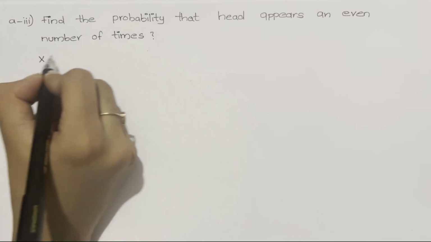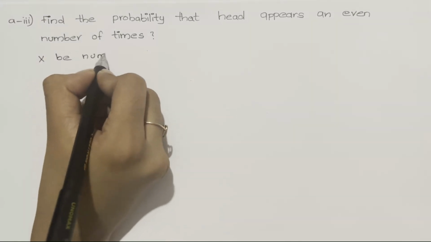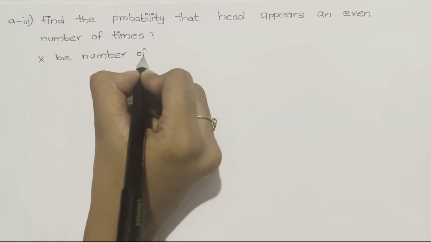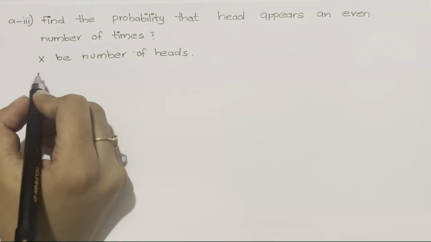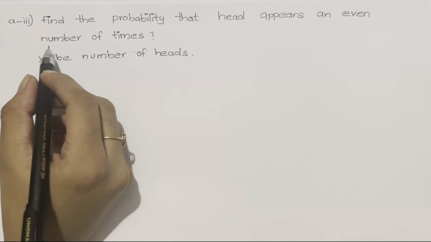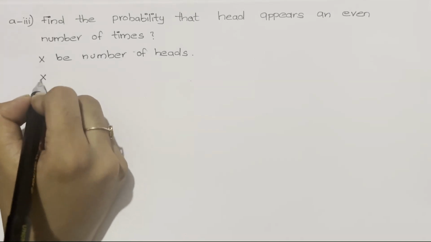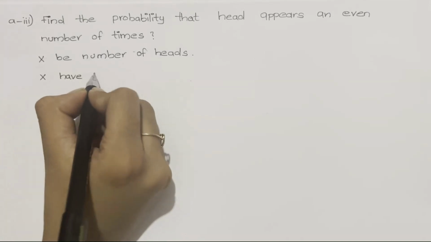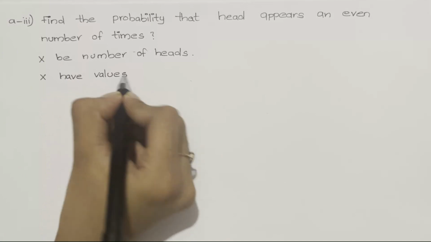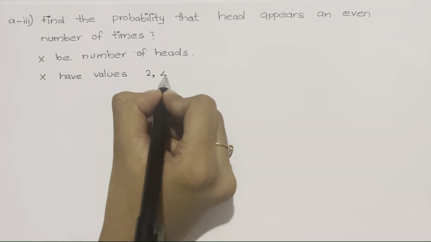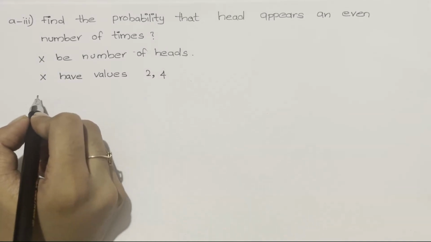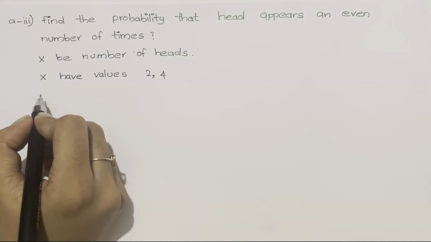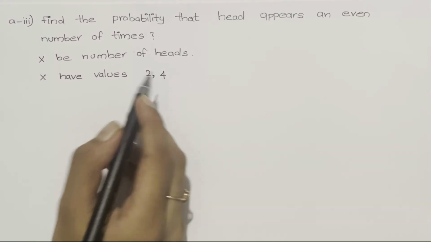We know that X be the number of heads. Then X must be an even number. Thus, X have values 2, 4. The even numbers from 0, 1, 2, 3, 4, 5 is 2 and 4.